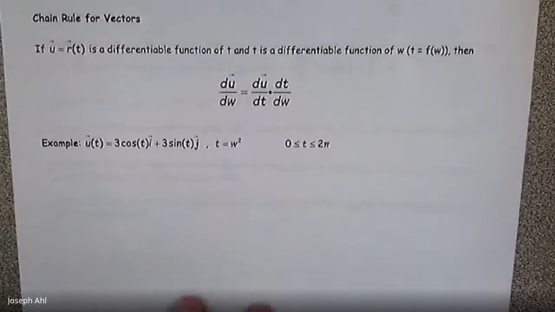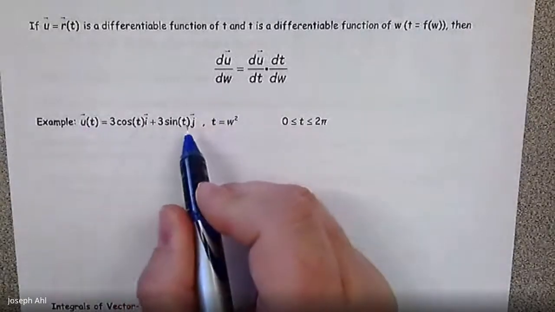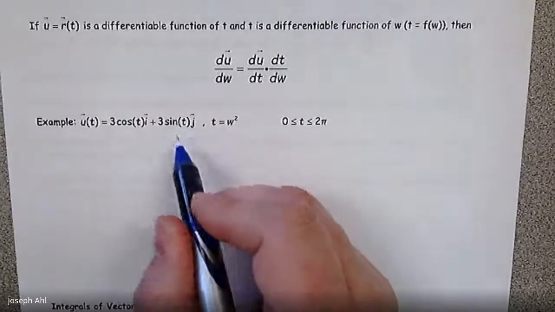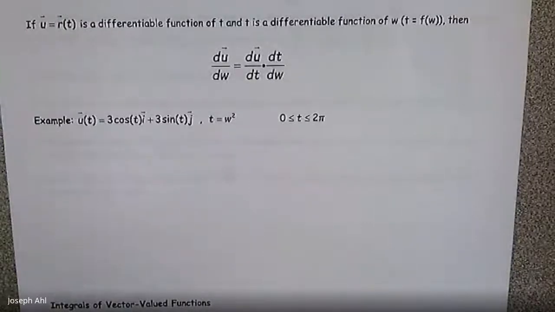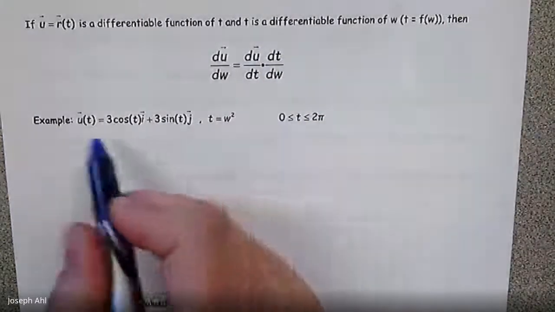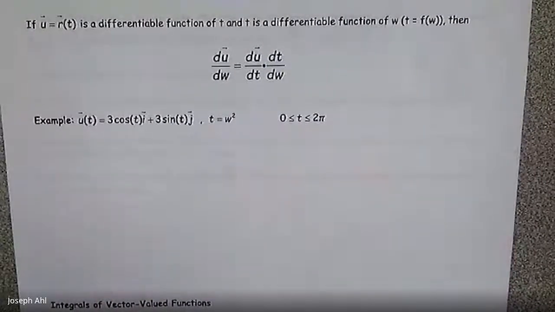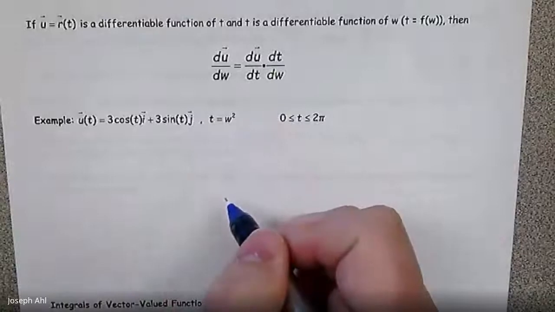So the thing about this is if we know t equals w squared, I have a feeling a lot of us would probably just replace each t with w squared and then find the derivative of each of those components. And that, of course, is fine. You are allowed to do that. Okay, if you wanted to use this definition of how we wrote chain rule over here, well, we can find du dt and multiply each of those components by dt dw, where t equals w squared.